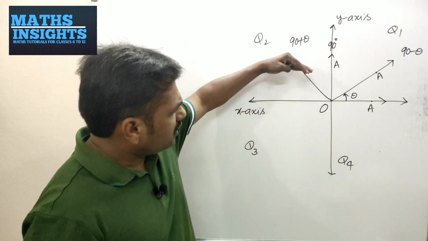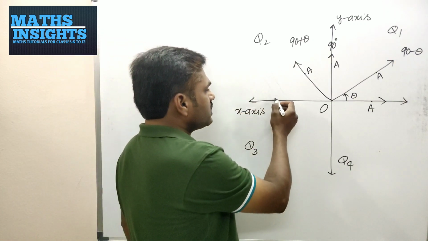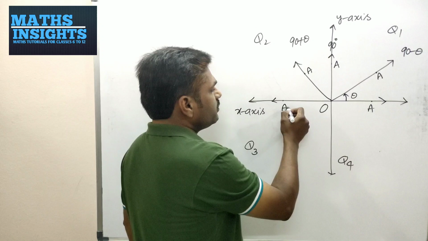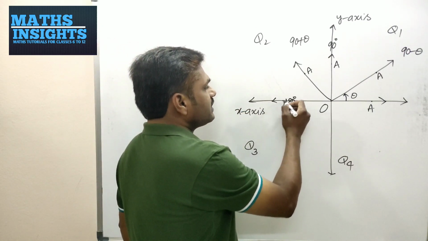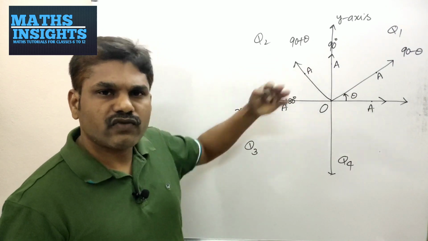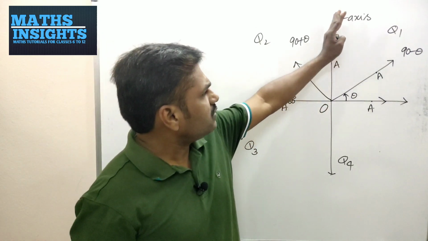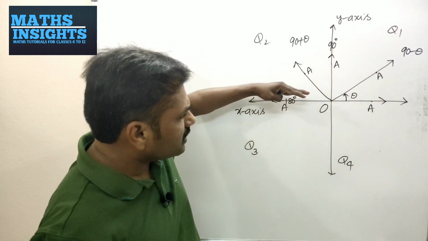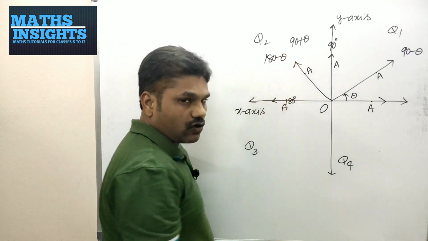Similarly, if it comes and coincides with the negative x-axis, suppose here, let it be OA, that is exactly 180 degrees. Before that, it is less than 180. So you may write the angle between the positive y-axis and the negative x-axis as 180 minus theta also.